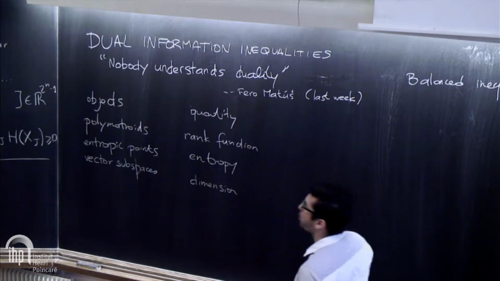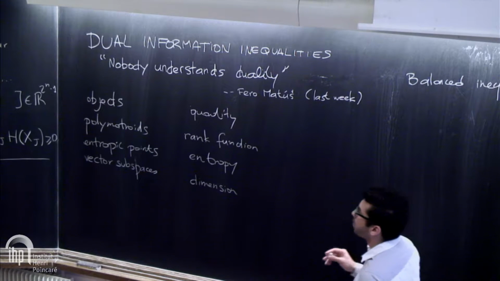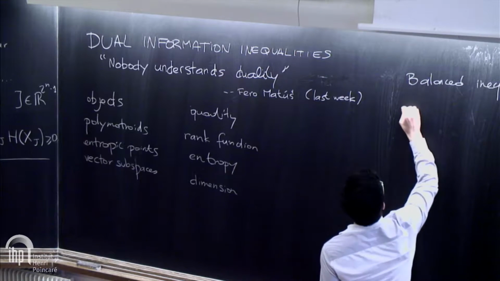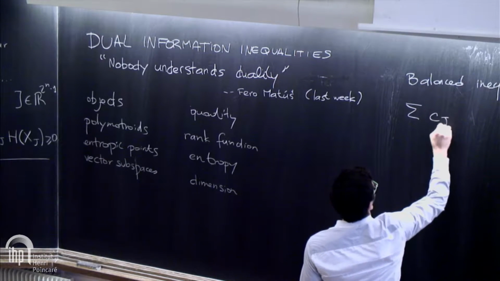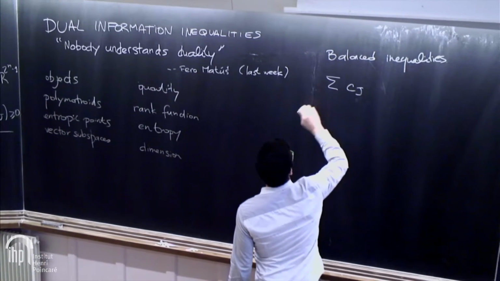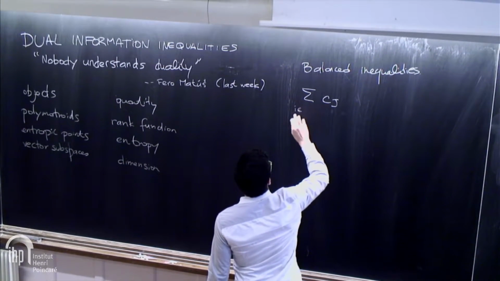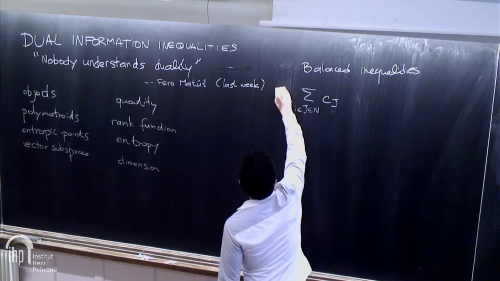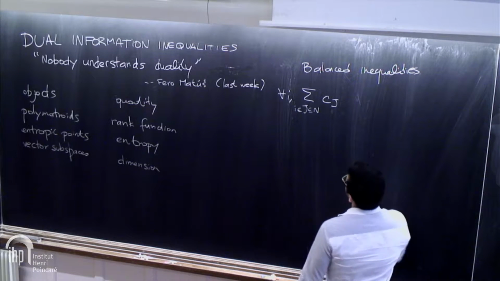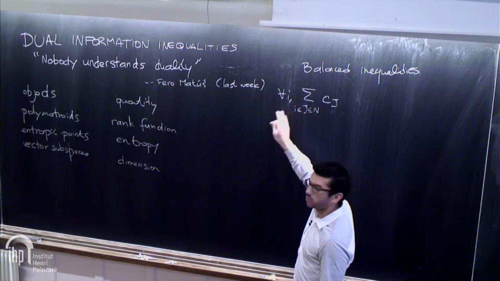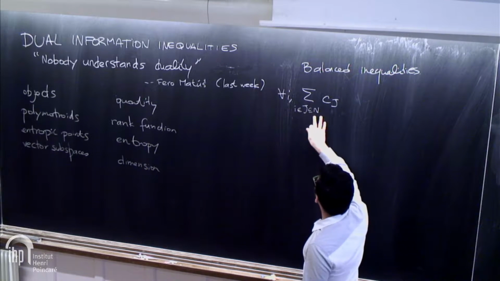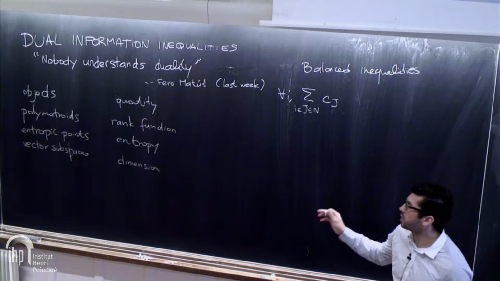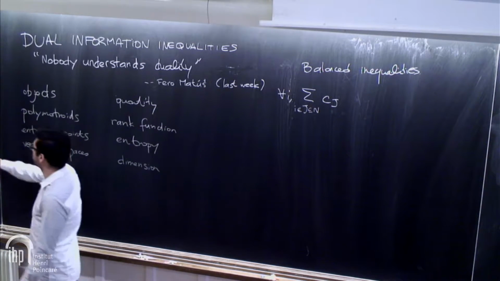When you have such an inequality, we say it is balanced if, for each variable, for example variable i, among X1, X2, up to Xn, the sum of all the coefficients of the terms in which it is involved is zero.